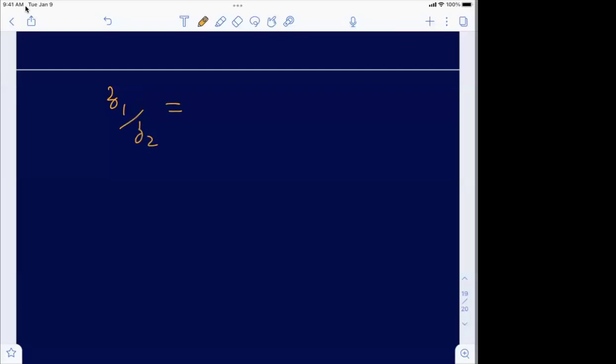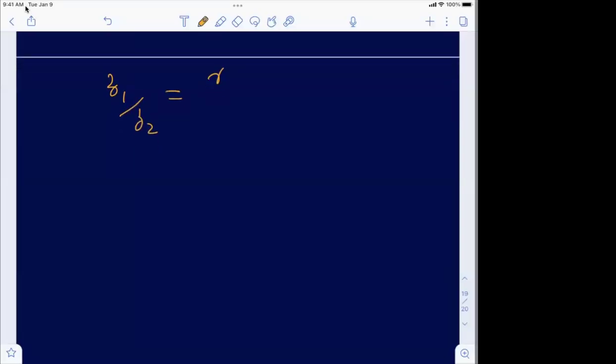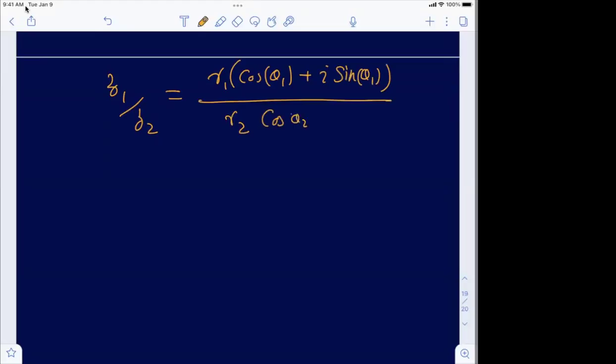Now look at this. If you consider z1 divided by z2, what essentially happens is r1 cosine theta 1 plus I sine theta 1, and then r2 cosine theta 2 plus I sine theta 2.